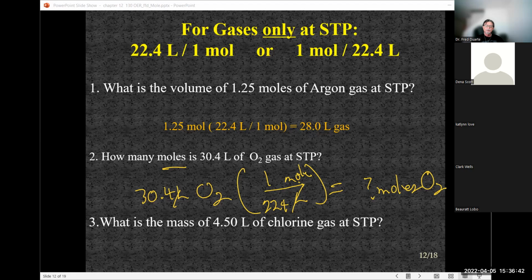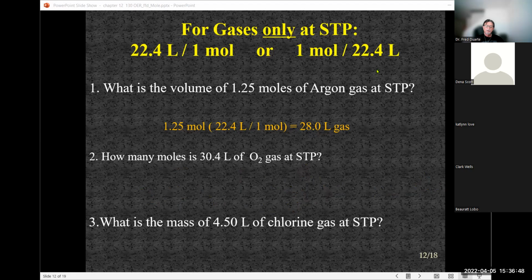So your answer should be 1.36, which is consistent with the mathematics that you did. Notice my sig figs: I start off at 30.4, 3 sig figs, and 22.4 could be a factor in the sig figs because it's a measurement, but in both cases they're both 3, so my answer should have 3 sig figs.